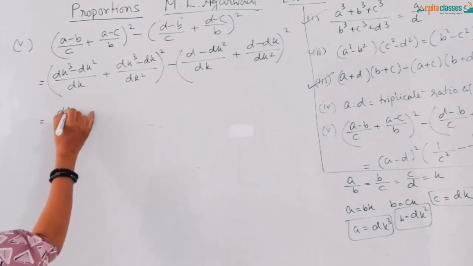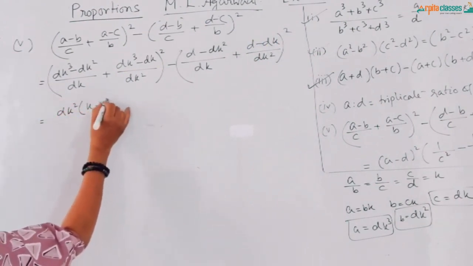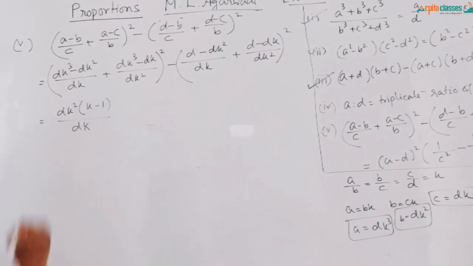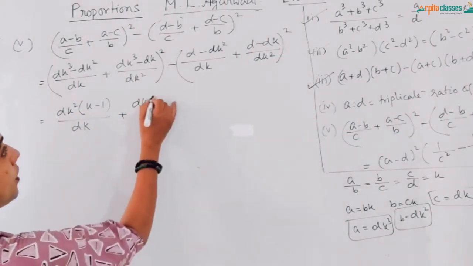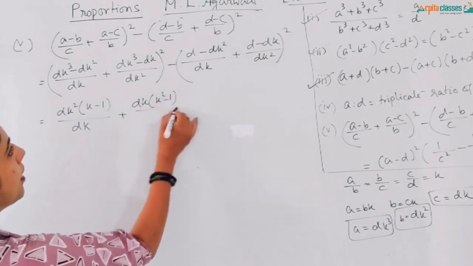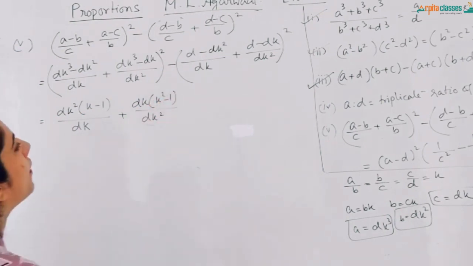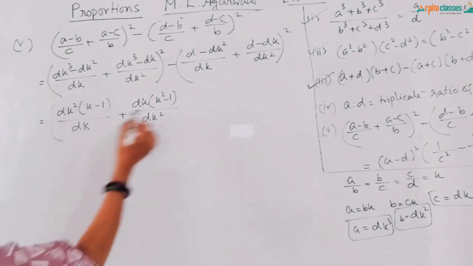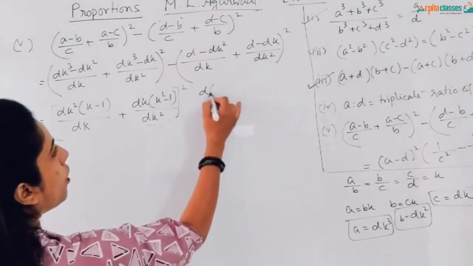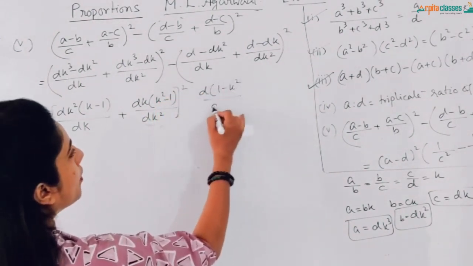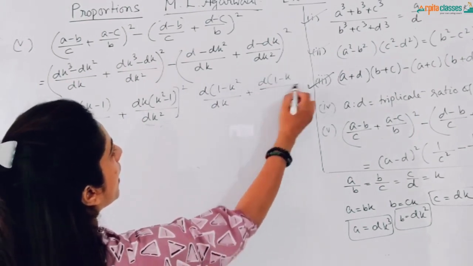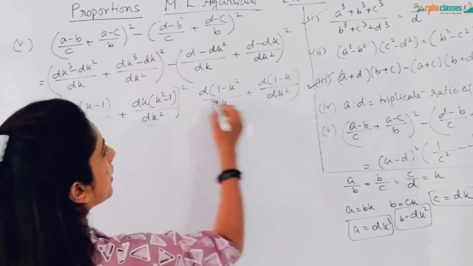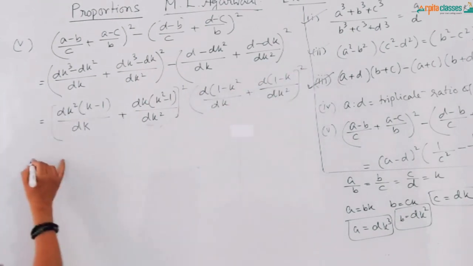From here I can take dk square common, so I get k minus 1 upon dk, okay, plus dk common, so k square minus 1 upon dk square. This whole thing has a square. D common 1 minus k square upon dk plus d common 1 minus k upon dk square whole square.